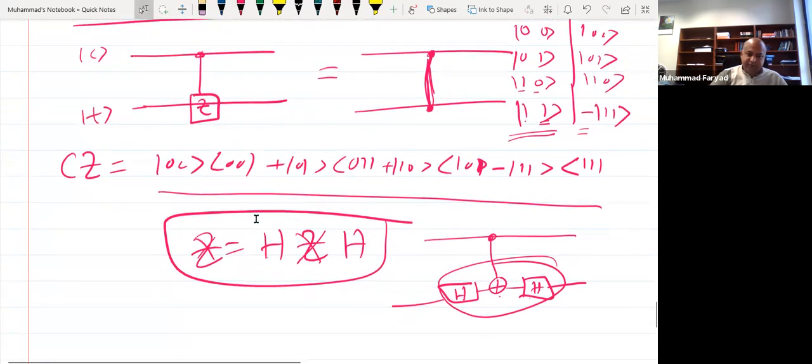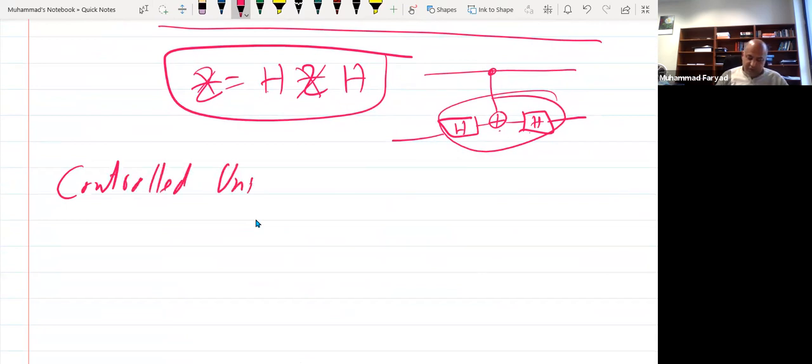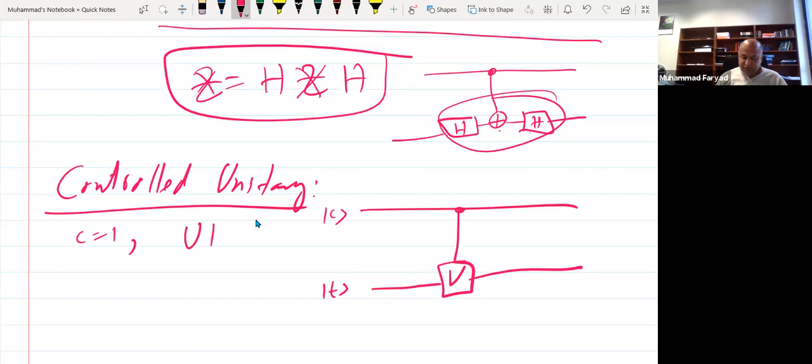In general, we can define the control operation as control unitary. So a control unitary is a gate like this. It has this symbol, which means that if your control is 0, nothing happens to target. But if your control is 1, target is applied with this unitary gate.